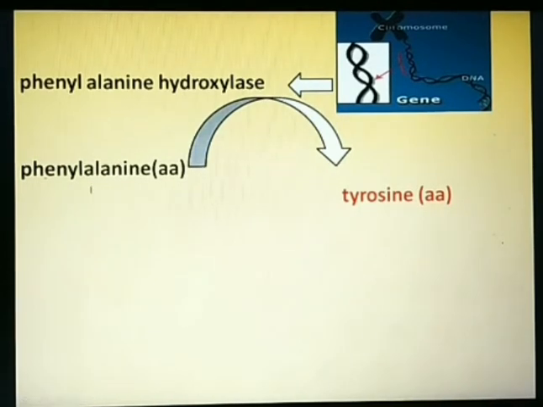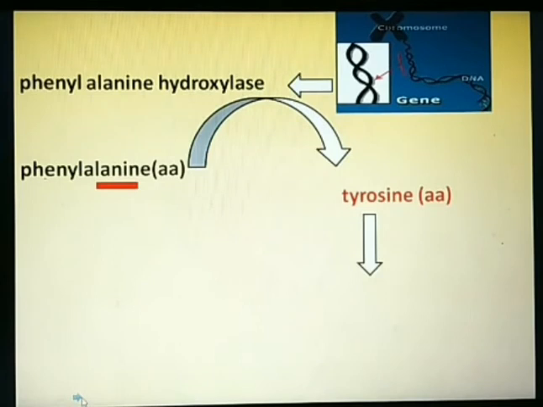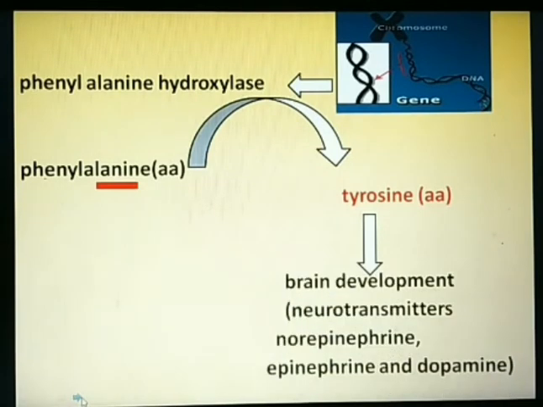Consequently, phenylalanine is otherwise metabolized into phenylpyruvate and other derivatives. Tyrosine helps in brain development and also improves alertness, attention and focus, and all the brain chemicals such as the neurotransmitters norepinephrine, epinephrine as well as dopamine, which are very much essential.